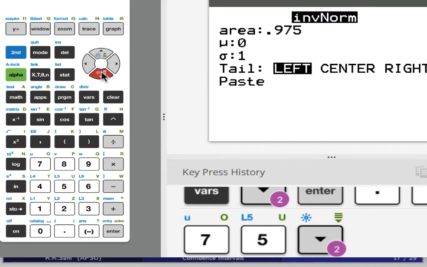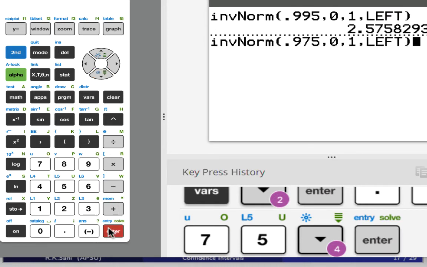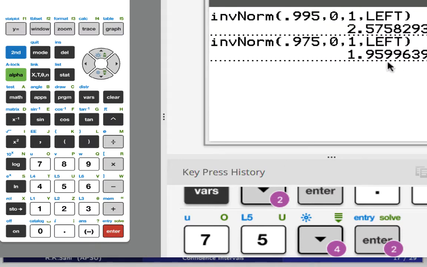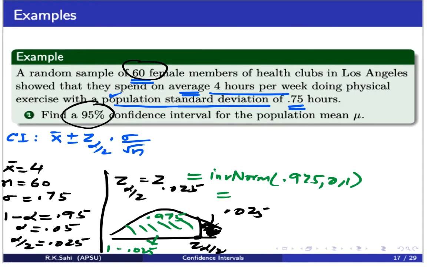Do not worry about the tail. You may or may not see it. So just go to the paste. Press enter. It's 1.9599. So I would go 1.96. Okay. So this one is 1.96.